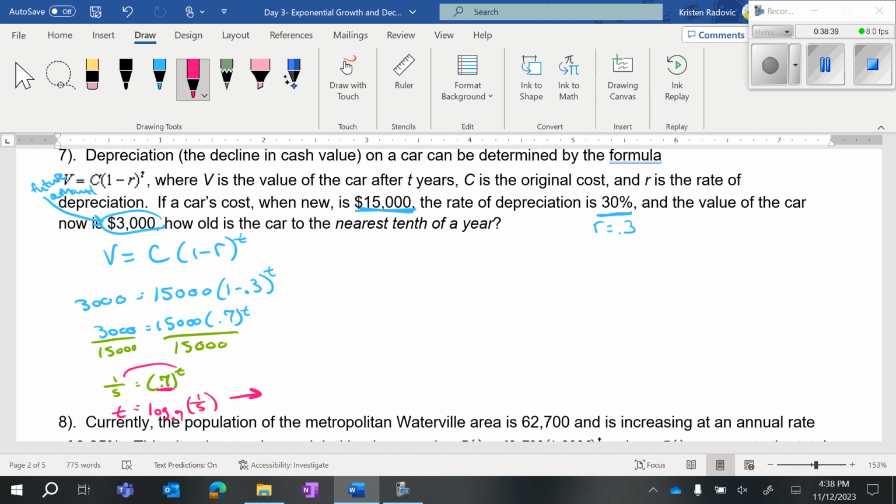You would put this in the calculator using alpha, window, choice 5. This would be log base. We have log base 0.7 of 1/5.